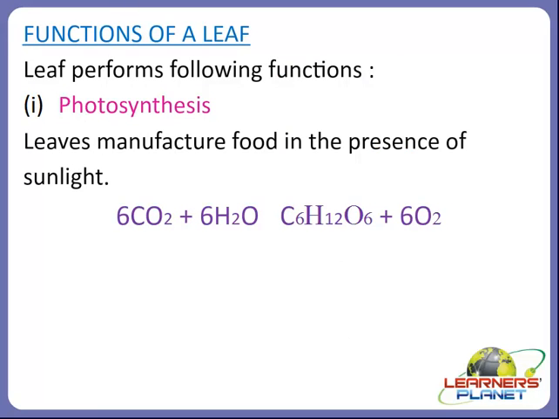Yes. So we know that leaf performs the following functions, like photosynthesis, which is a very important function. So here you can see the equation, right? Leaves manufacture food in the presence of sunlight. So what you can see here, this is carbon dioxide.